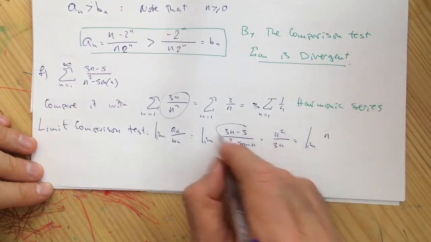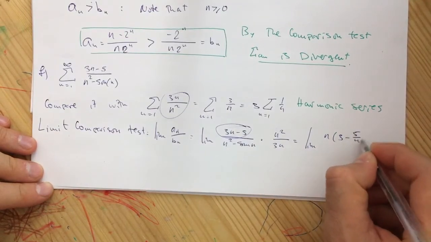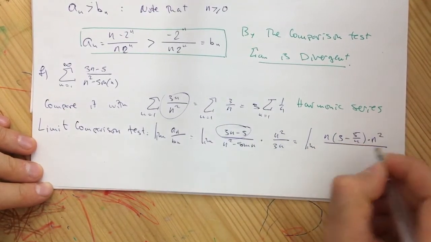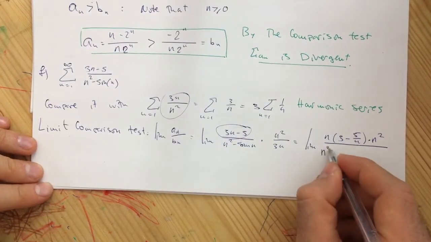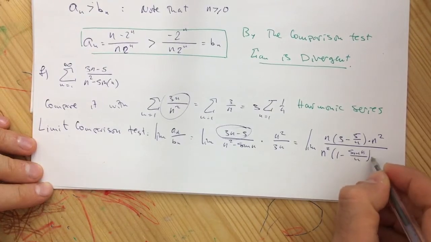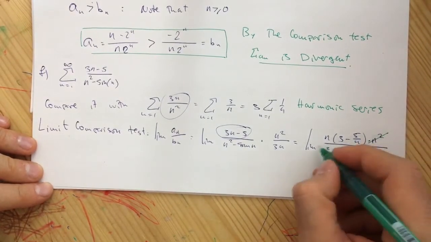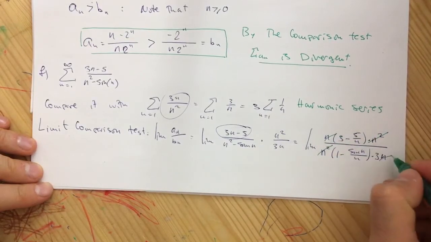I factor n from the numerator. That leaves me with 3 minus 5 over n, times n squared. And I factor n squared from the denominator, and I have 1 minus sine of n over n, times 3n. So n squared cancels with n squared, n cancels with n.